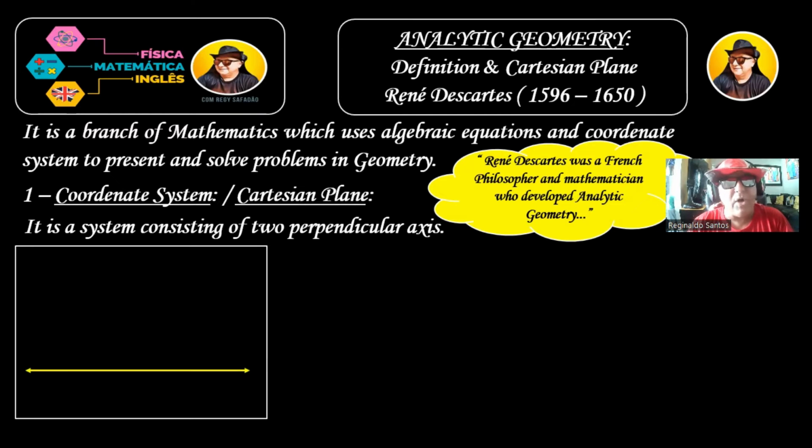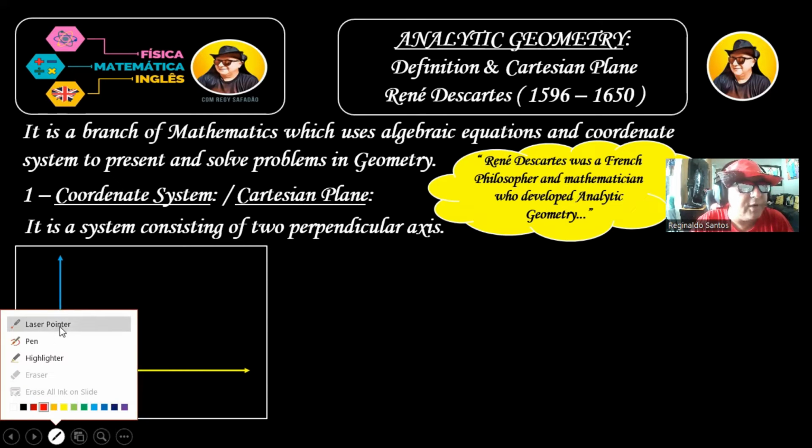This is the number line that from now on we are going to call x, and the other one is y. When they meet, that point right there, let me get a laser pointer to show you better.